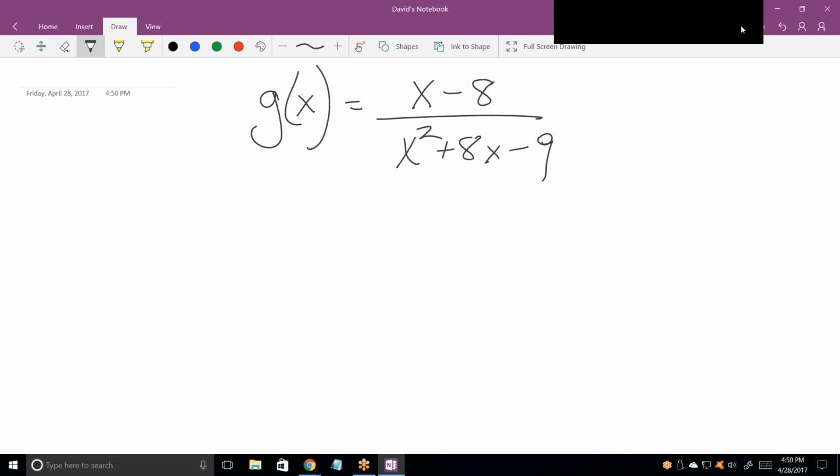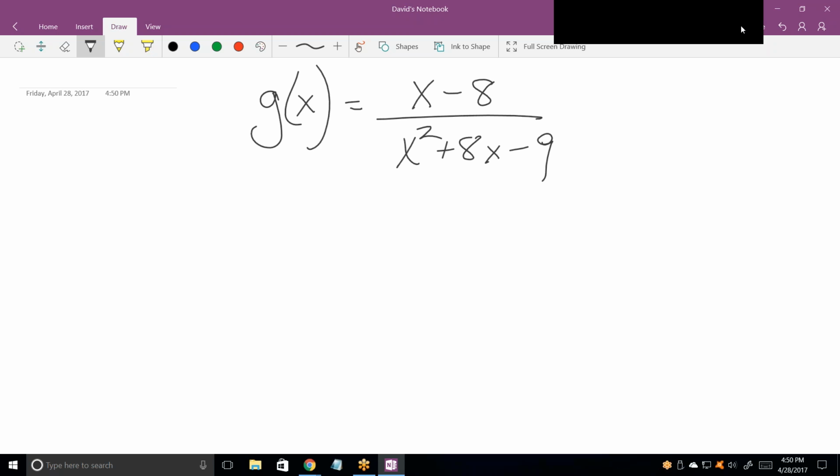Despite how they worded the problem, what they really are saying is, what is the domain of this function? And usually when they ask you what the domain of a function is, it is all real numbers except for certain ones.